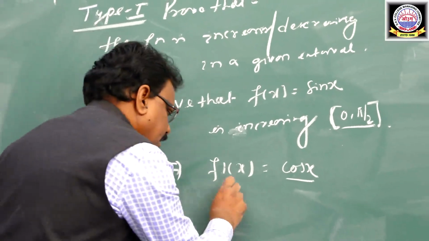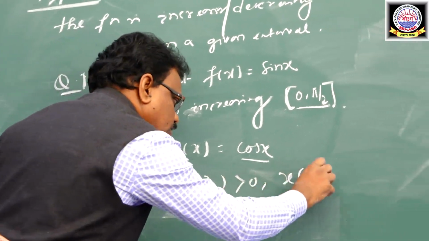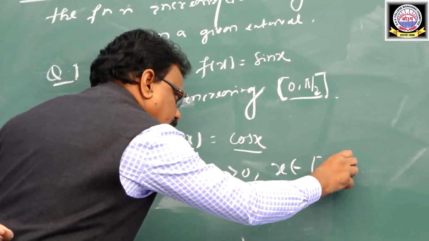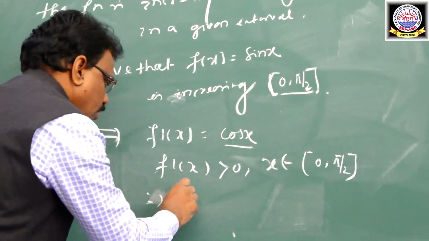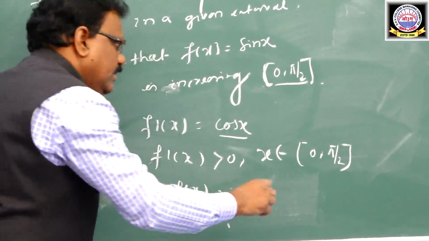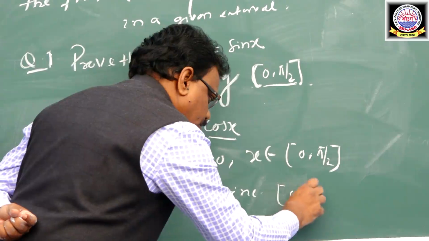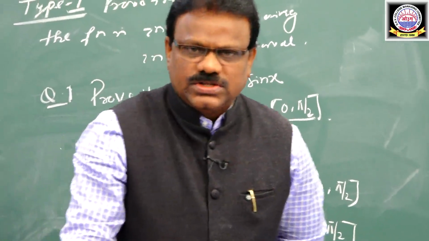So, I can write f dash x greater than 0 when x belongs to 0 to pi by 2. So, f of x is increasing in the interval 0 to pi by 2. This is a one mark question.